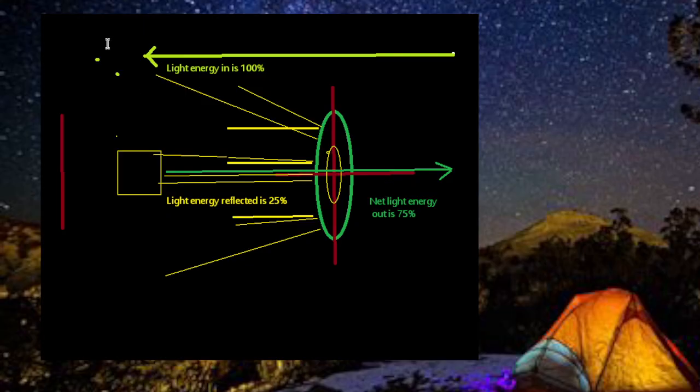Net light energy out. Save as JPG pictures. We're going to call this light energy reflected 1.